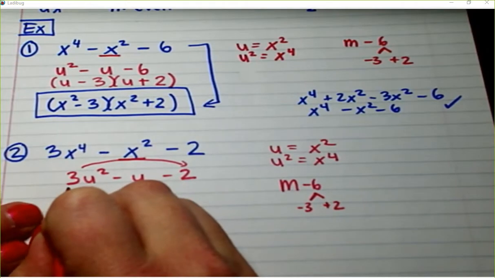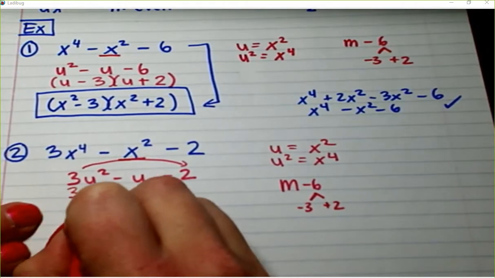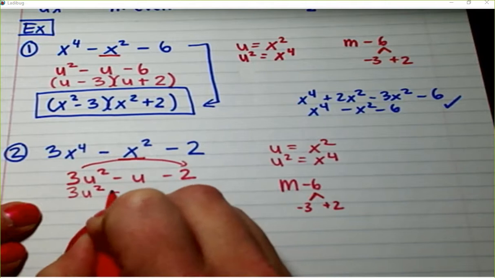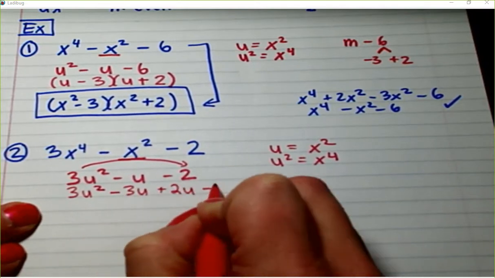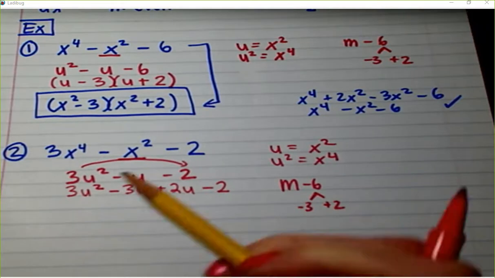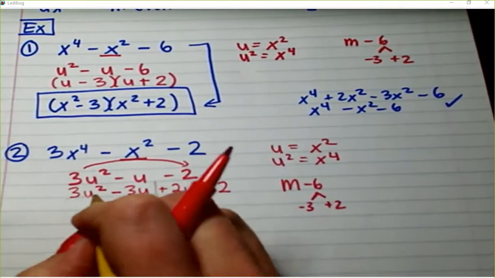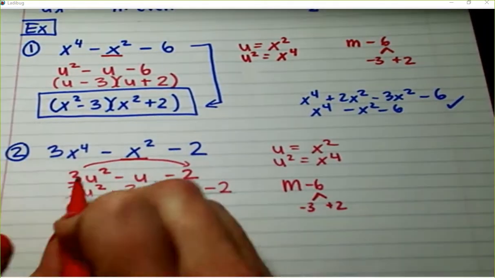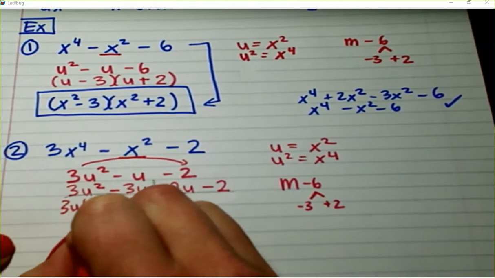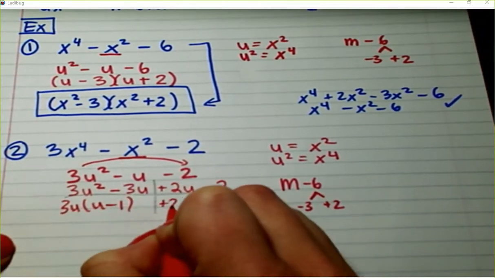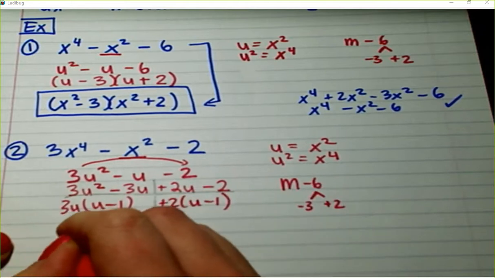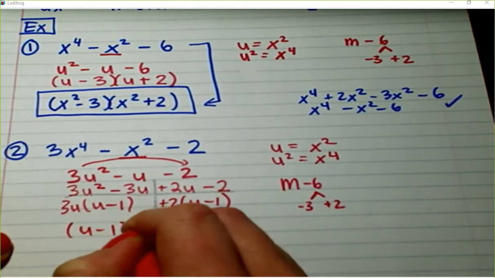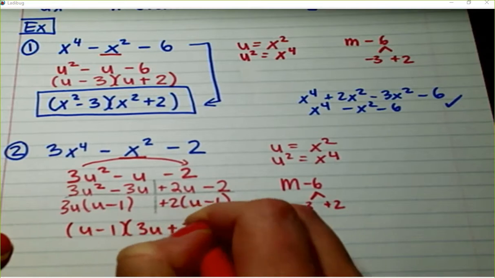Okay, so I'm going to do a little grouping here. All right, so the GCF is, okay, so we end up with u minus 1 and 3u plus 2.